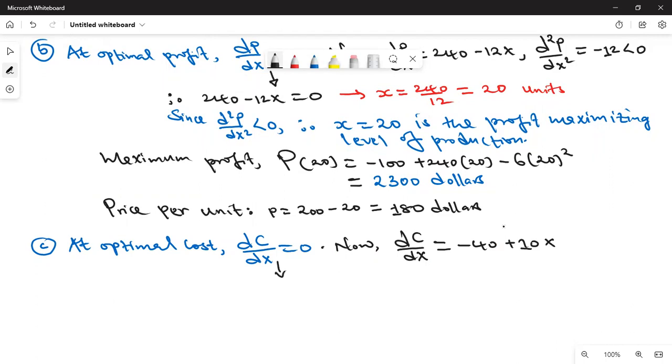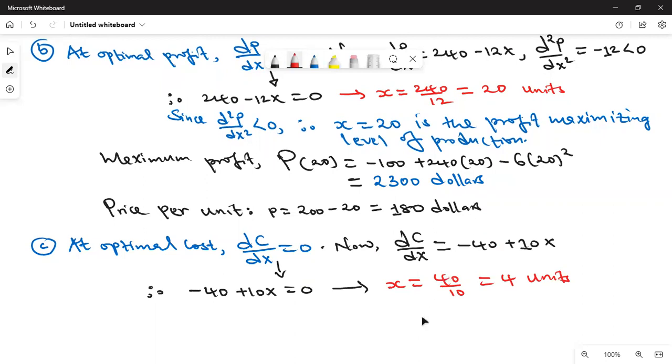This equation will now become, therefore, negative 40 plus 10x is equal to 0, of which if you make x the subject, you're going to get x is equal to 40 over 10, which is 4 units. That means if you produce 4 units, you will be able to minimize the cost.